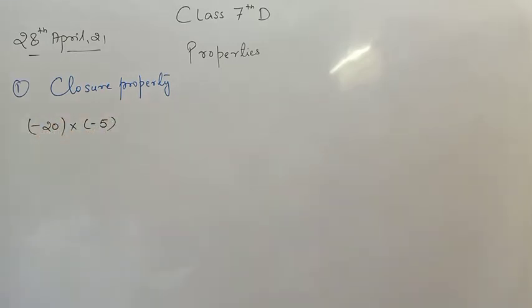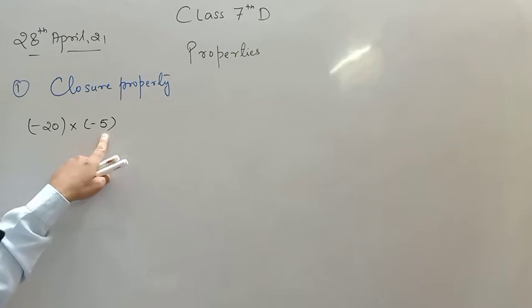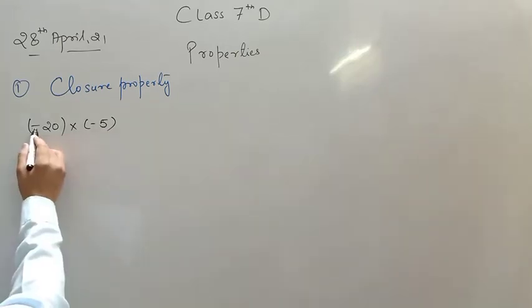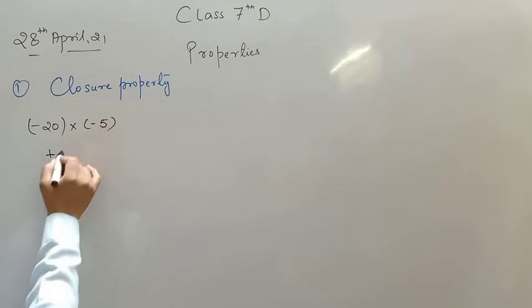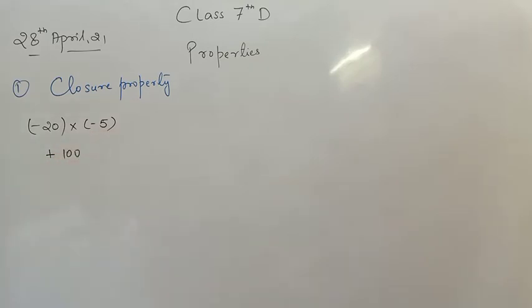What result will you get when you multiply -20 and -5? -20 is written first, and then I wrote -5. Minus minus plus, 25s are 100. So in the LHS, the value you get is 100.